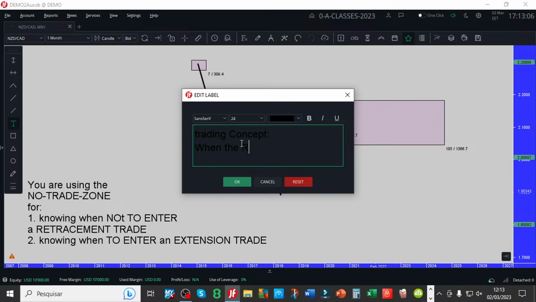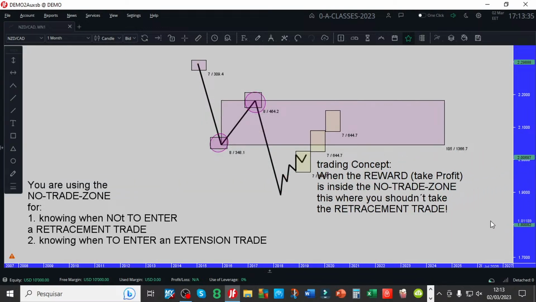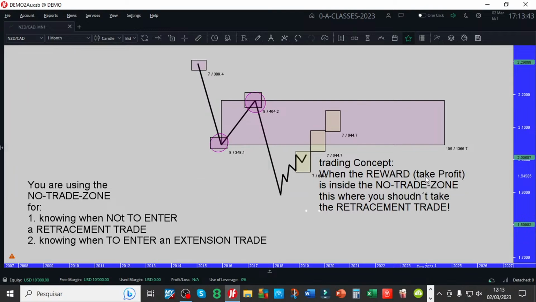When the reward take profit is inside the no trade zone, this is where you shouldn't take the retracement trade. Okay, everybody, take a screenshot, photo, picture, and type in the chat, is this concept clear?